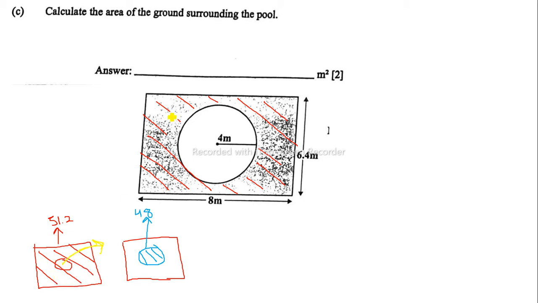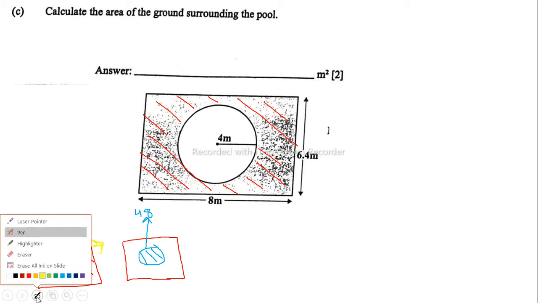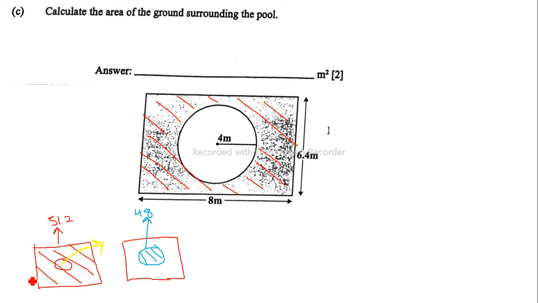So the area of the ground surrounding it is going to be 51.2 meters squared minus 48 meters squared.